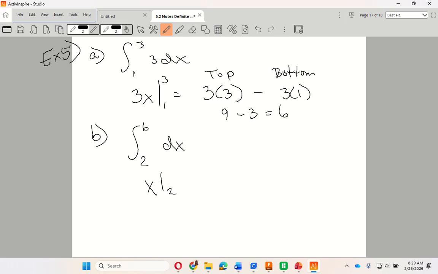From 2 to 6. Antiderivatives. There's 1 right there, right? So let's go ahead and do it. Top minus bottom. So that's going to be 6 minus 2.